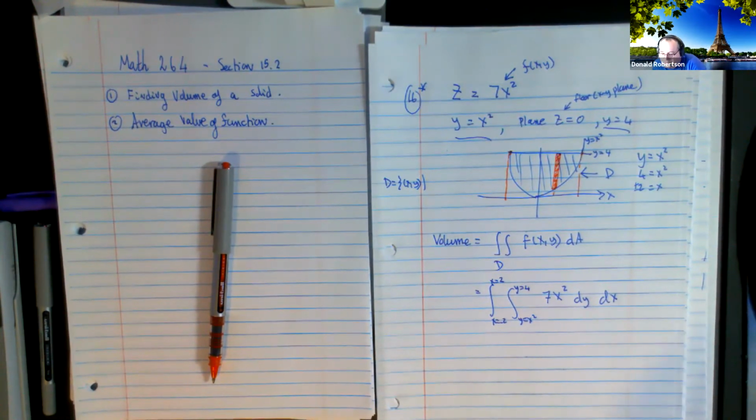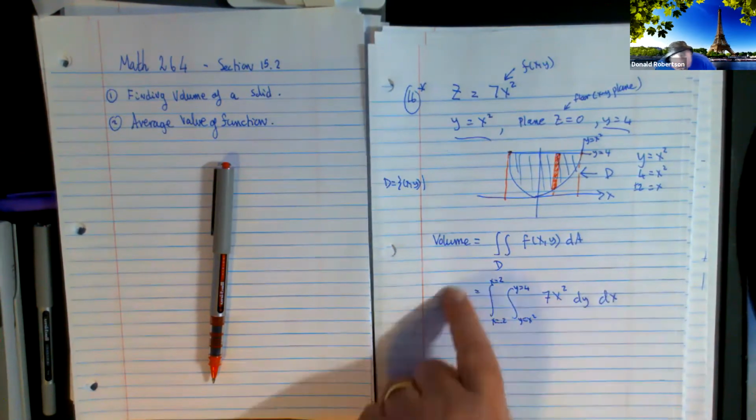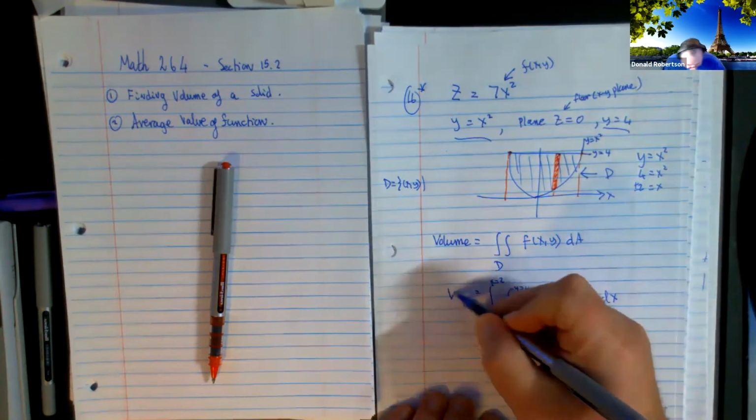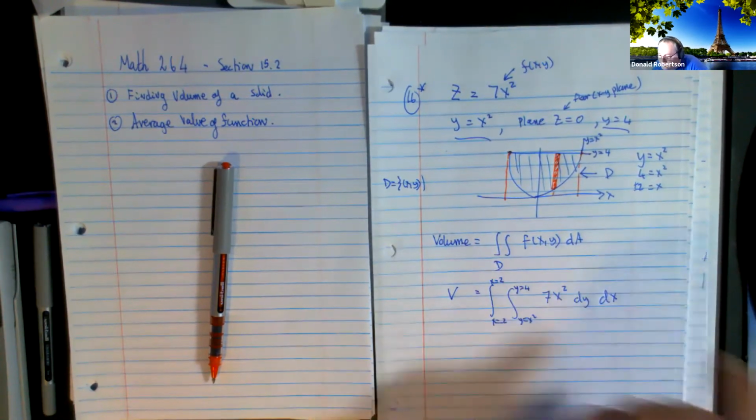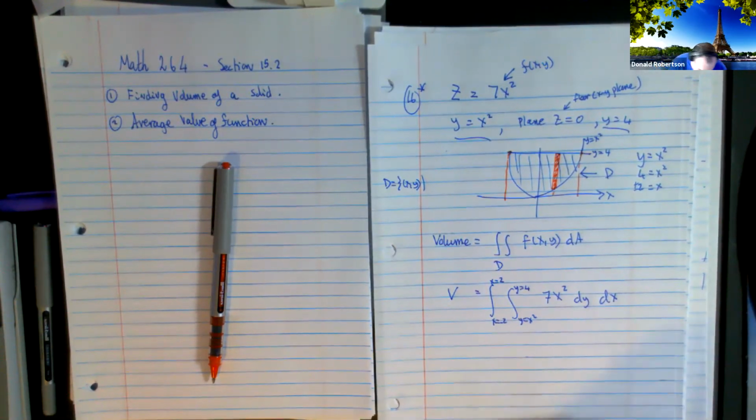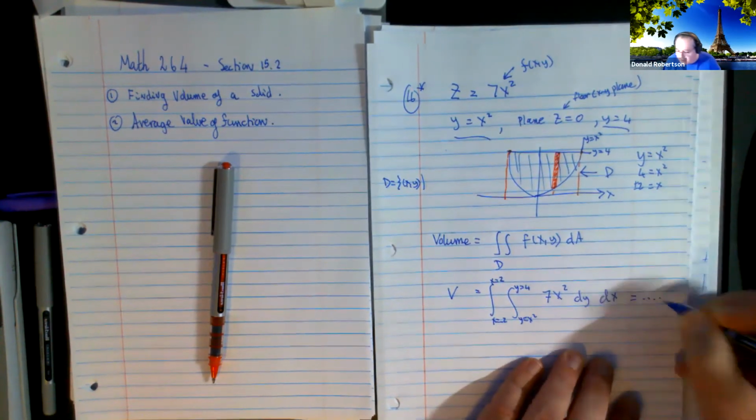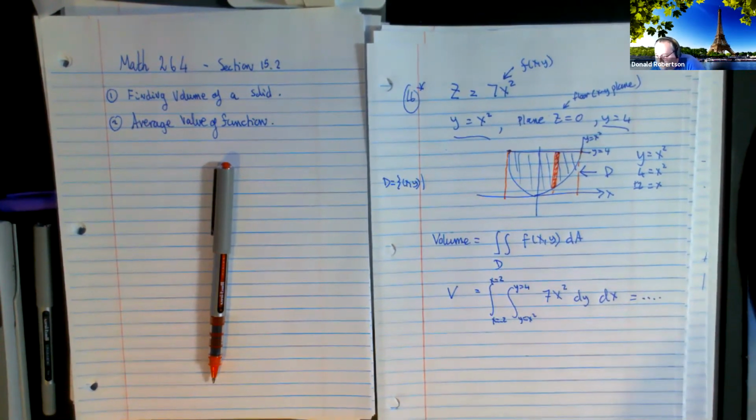Are you comfortable about how this double integral that's going to find the volume of this shape was created? Right. Can I just say, because you've probably done enough double integrals in your life to finish that off, right? I think the vast majority of these double integrals have been eventually polynomials, haven't they?